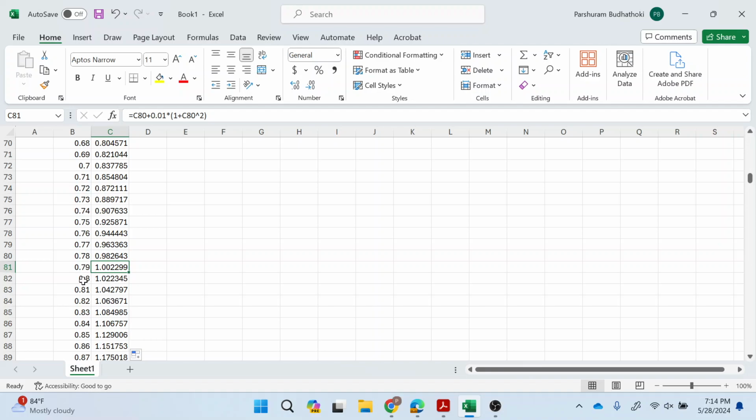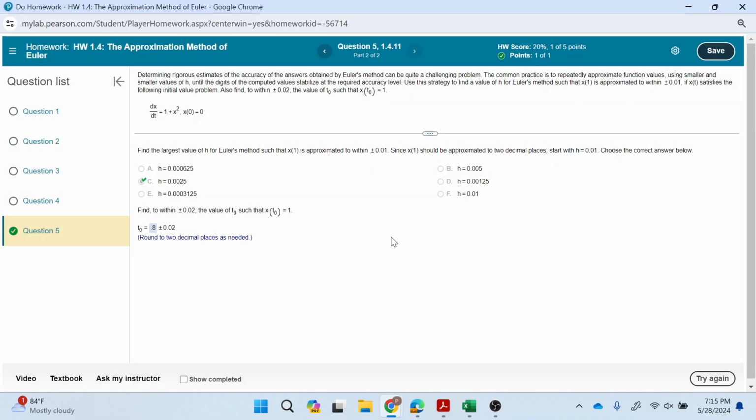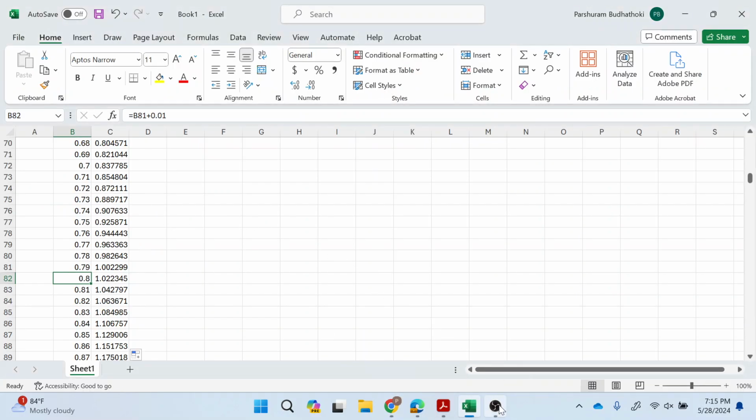So if you find the difference between 0.8 and 0.79, it would be 0.01, which is less than 0.02. So you can pick 0.8 as your value of t0, and plus or minus this value would be within that range. Okay, so that's how you can do this. This problem cannot be done without using a calculator like Excel. Okay, I hope you understand that.